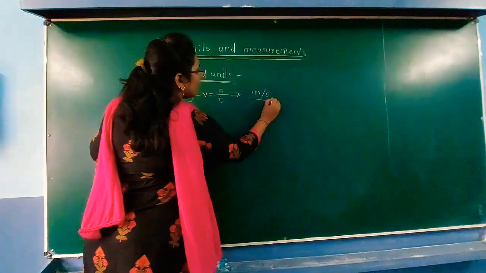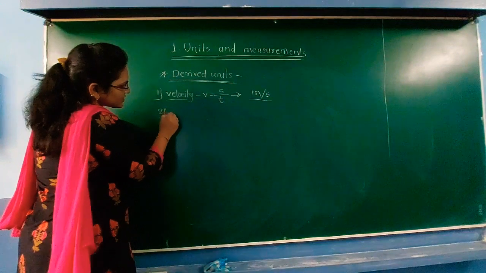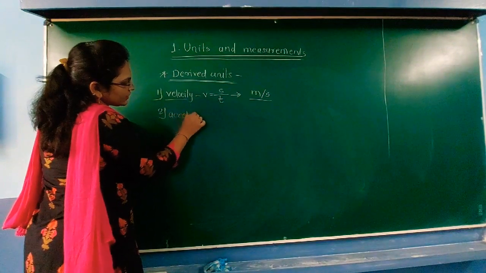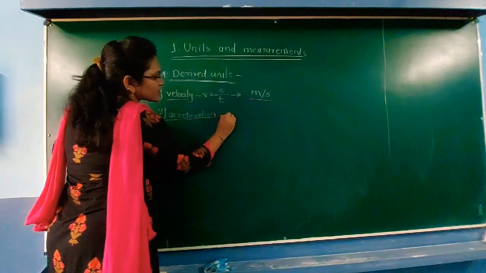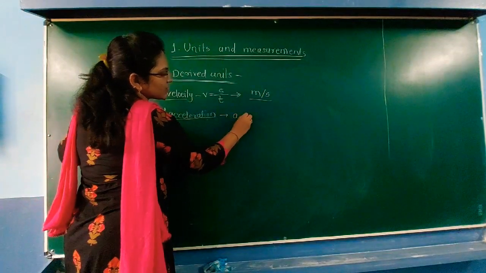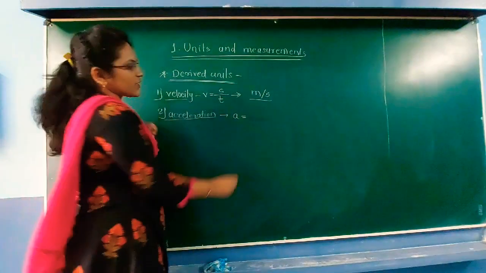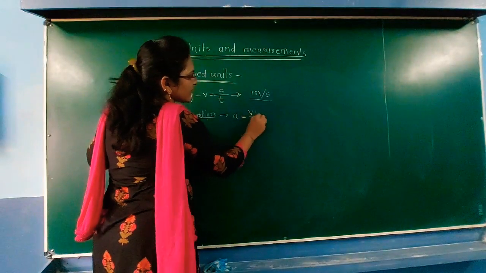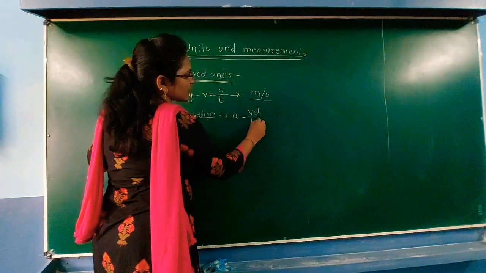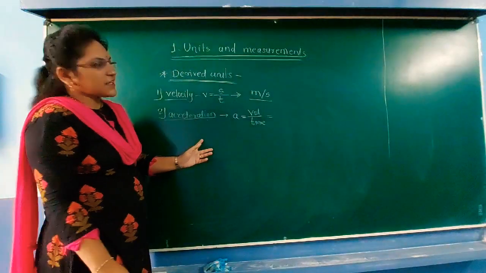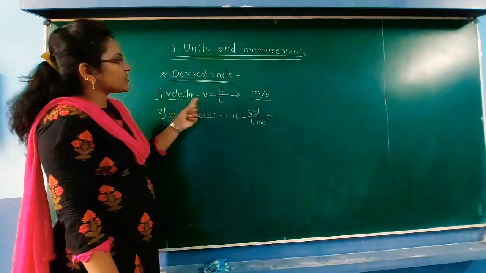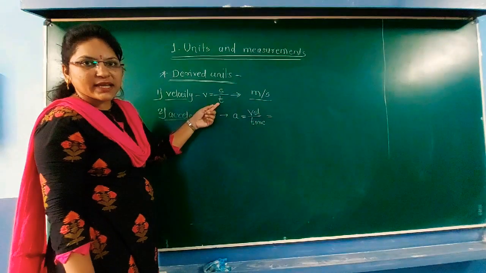Okay. Then we will see the next physical quantity, acceleration. What is the acceleration? Acceleration is symbol A, which is equal to velocity upon time. See here, we have the velocity equal to displacement upon time.